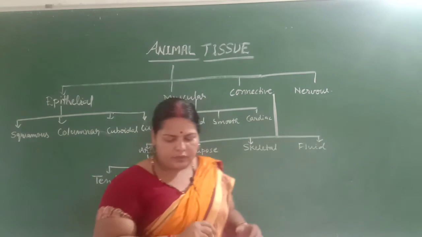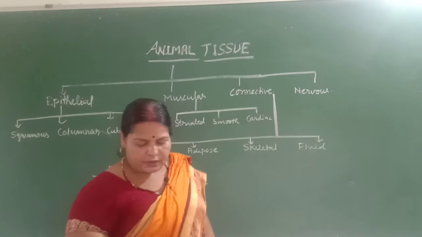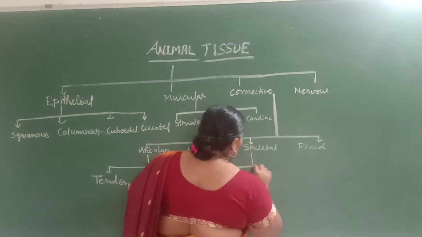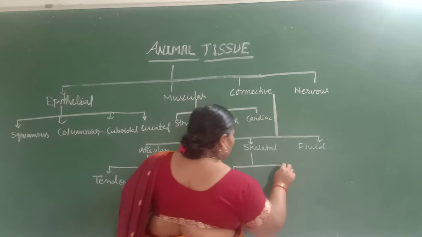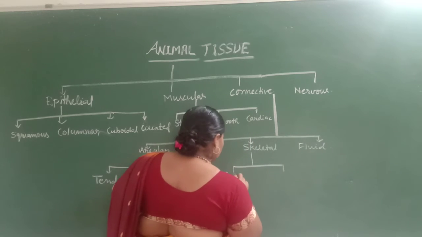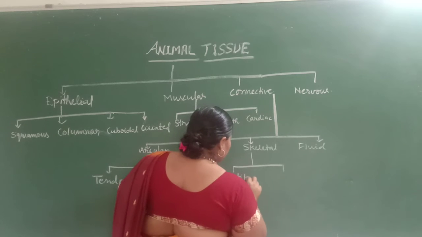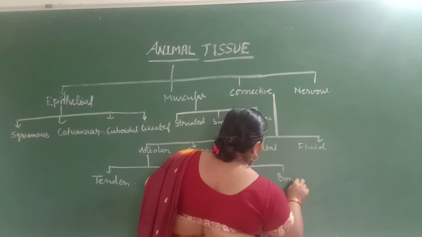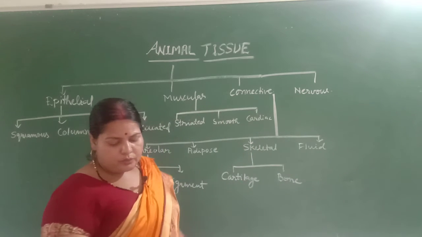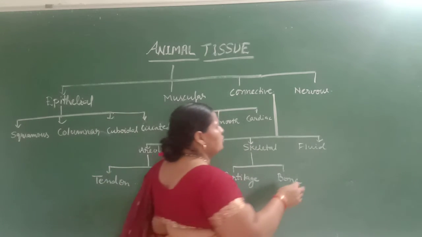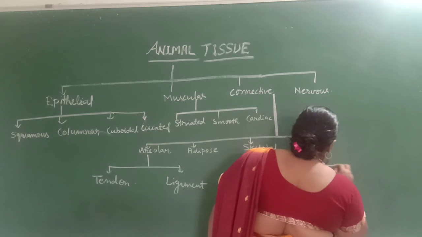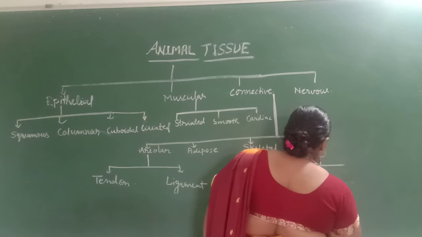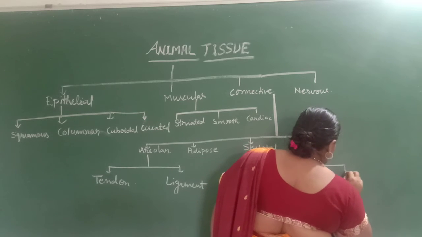Adipose tissue is not divided. Skeletal tissue is divided into 2 groups: cartilage and bone. And the fluid is divided into two groups: blood and lymph.